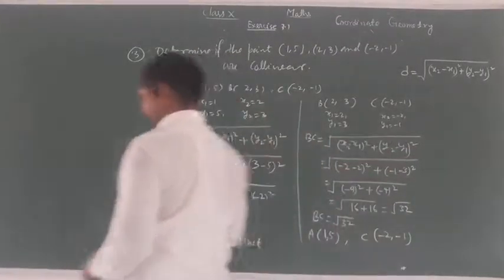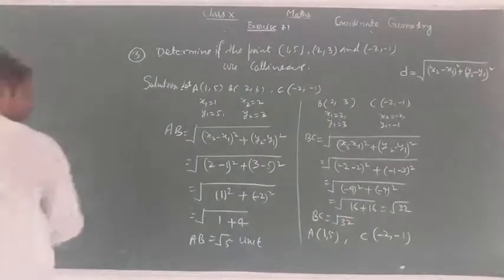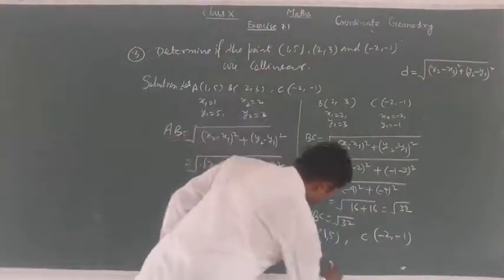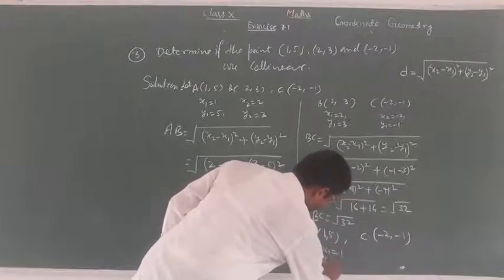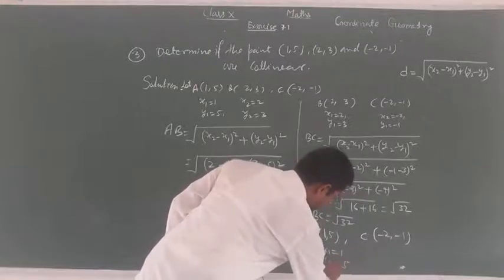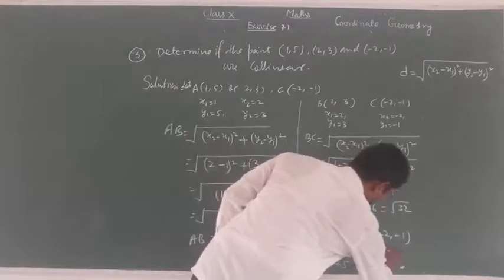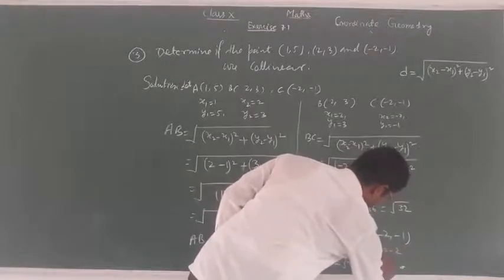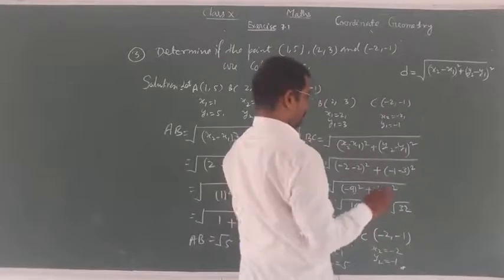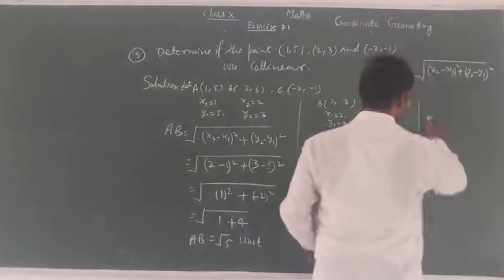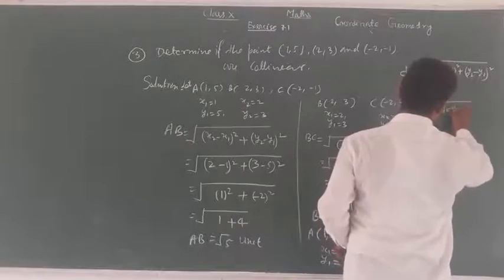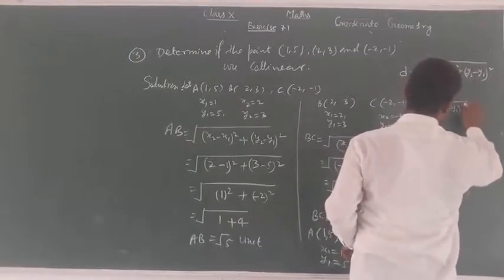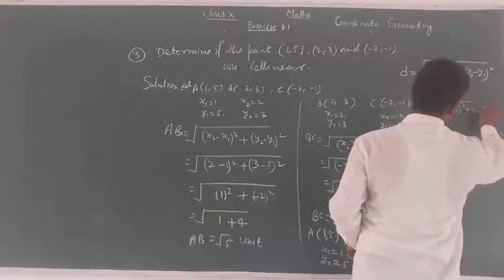So x1 is equal to 1, y1 is equal to 5 and x2 is equal to -2, y2 is equal to -1. Now the distance formula: d is equal to the square root of (x2 minus x1) squared plus (y2 minus y1) squared.